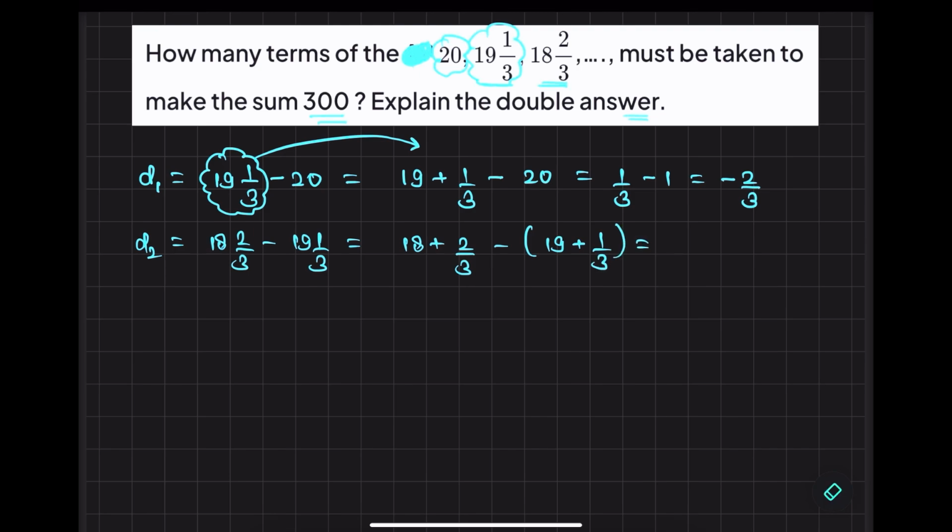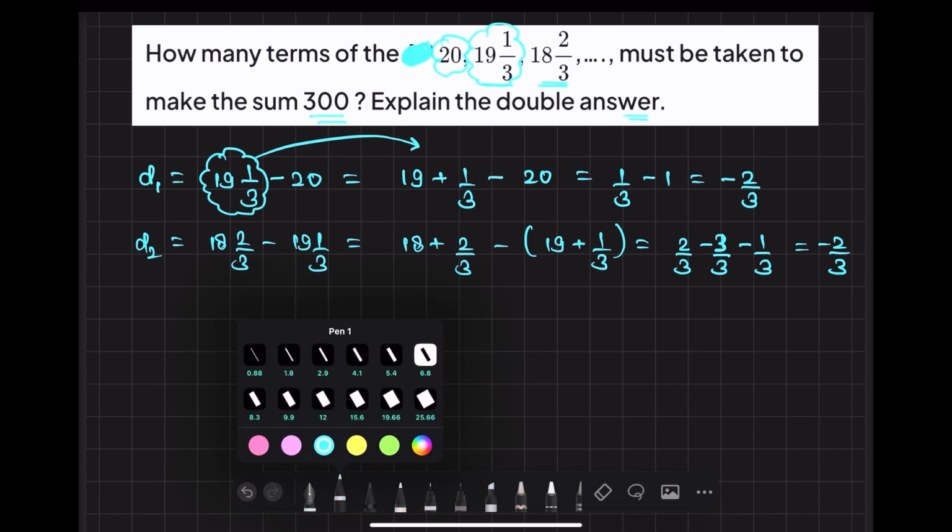So we will have 18 minus 19, which is minus 1, and 2 by 3 minus 1 by 3. Writing minus 1 as minus 3 by 3, we get minus 2 by 3. So D1 and D2 are the same, this means it's an AP.